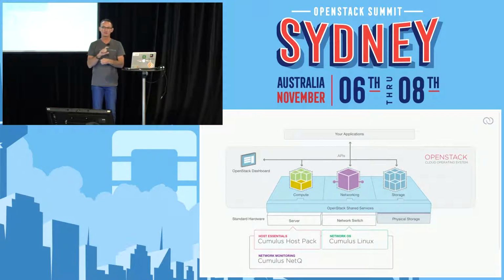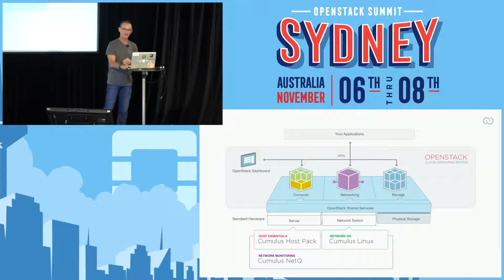And then we provide visibility tools, Cumulus NetQ, that allow you to visualize networking throughout the whole stack, not only the switches and routers, but also what's going on in your host and inside your virtual networking built into OpenStack. Lastly, we provide a piece of technology called HostPack that a lot of our customers use to build high-scale, full IP fabrics by using routing directly off of their hosts and connecting the host to an IP fabric instead of using more brittle layer 2 technologies like MLAG.